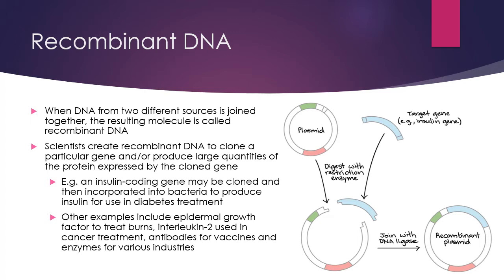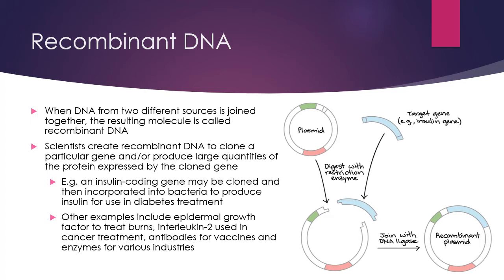Then that could be put into a plant cell to make a genetically modified plant. It could be put into an animal to make a genetically modified animal. So that's the purpose of recombinant DNA, and we're recombining the DNA that was in that bacteria with some new DNA from a human in this case.